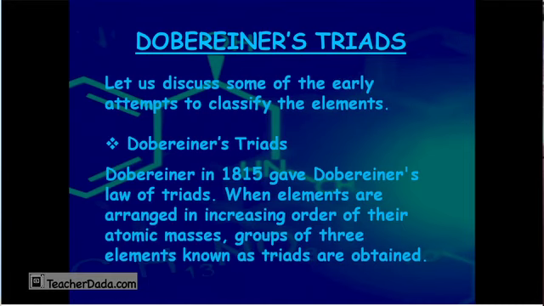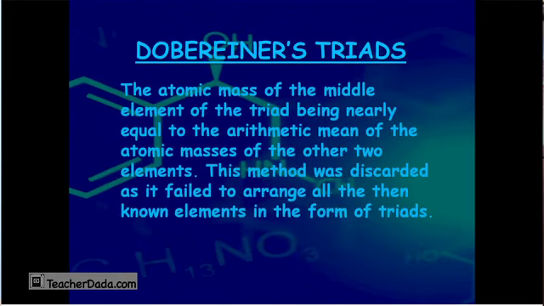According to this, when elements are arranged in increasing order of their atomic masses, groups of 3 elements known as triads were found. The atomic mass of the middle element of the triad is equal to the arithmetic mean of the atomic masses of the neighboring 2 elements.